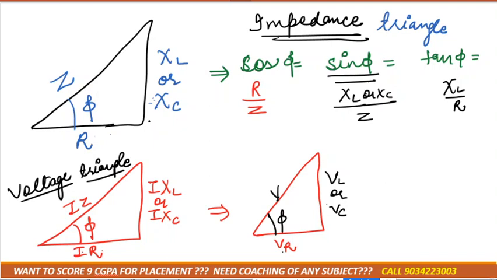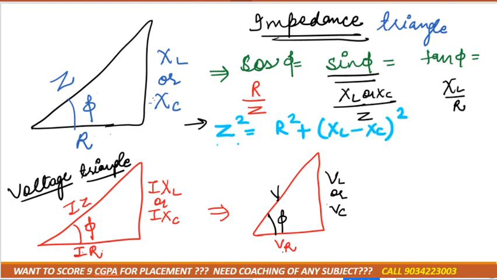Now, if I apply the Pythagoras theorem in the impedance triangle, then what would be the value? Like Pythagoras theorem formula is how much? H square is equal to P square plus B square, right? So that would be Z square is equal to R square plus XL minus XC whole square.